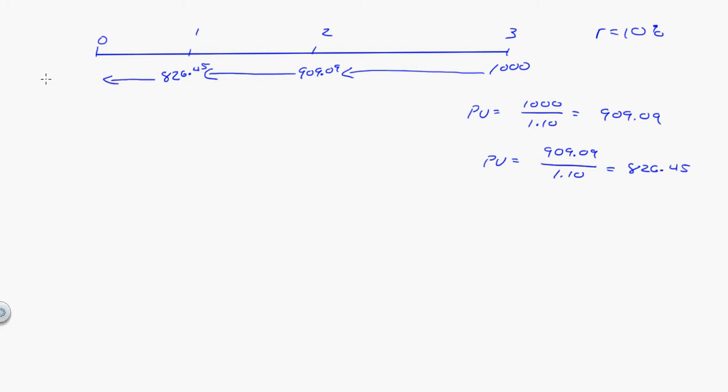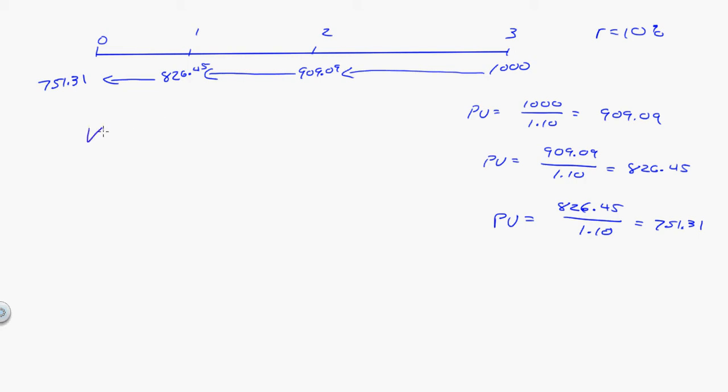So one more step here. My present value is now my new future value: 826.45 divided by 1.10, which is 751.31. Alright, so here's the way I like to think about it.